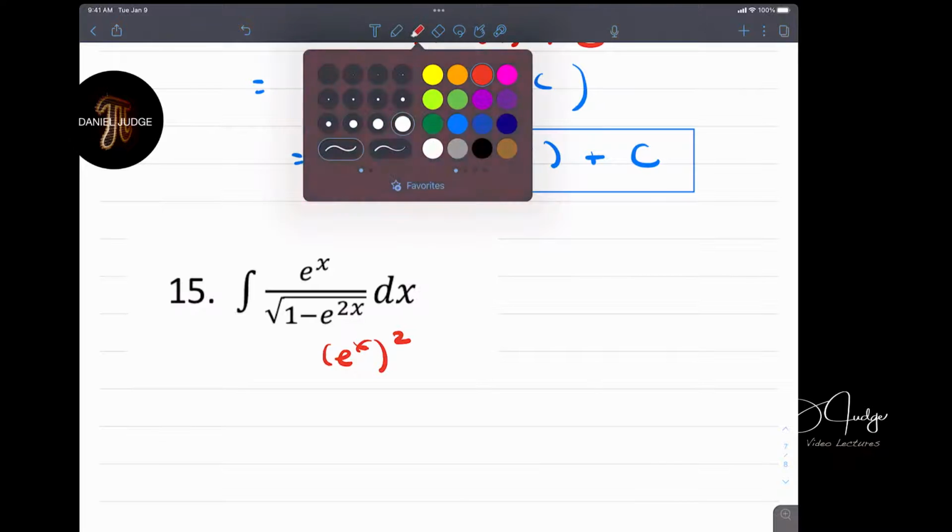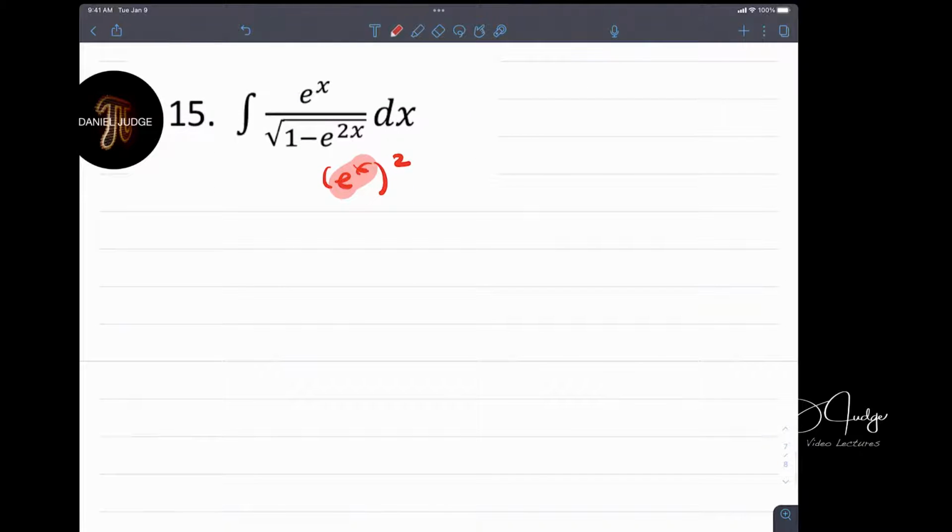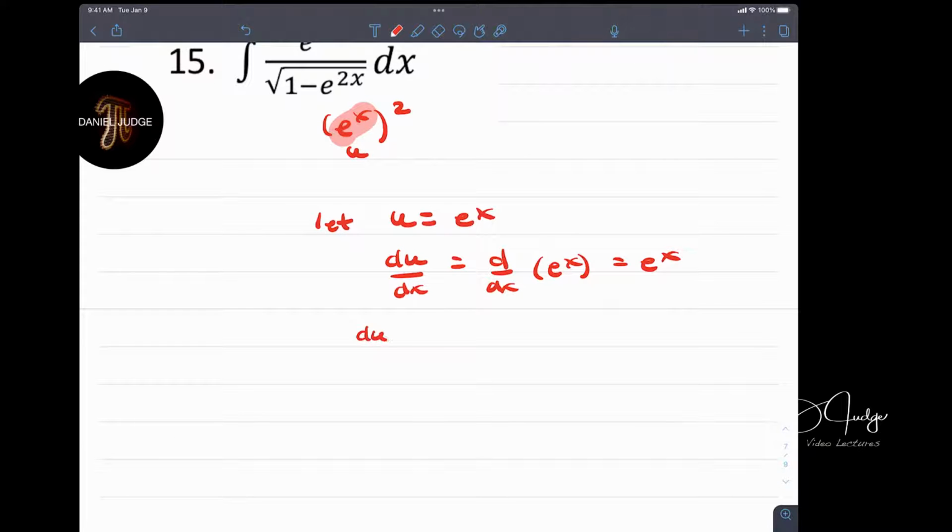So, okay, there's my e to the x there. So this is going to be my u. So we let u be e to the x. So your du dx is simply the derivative of e to the x, which is e to the x. So du dx is that ratio e to the x over 1.